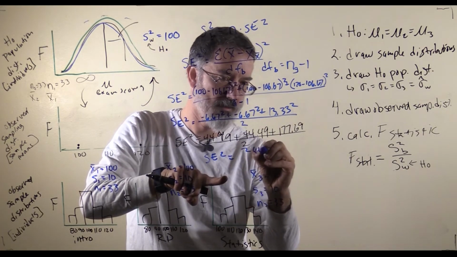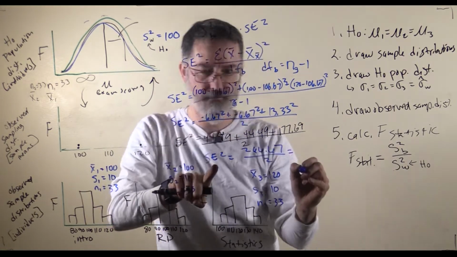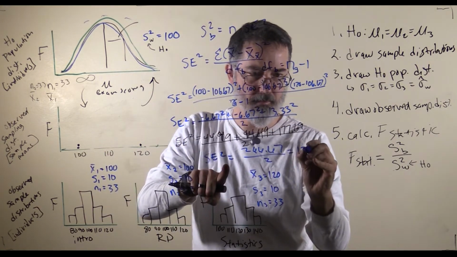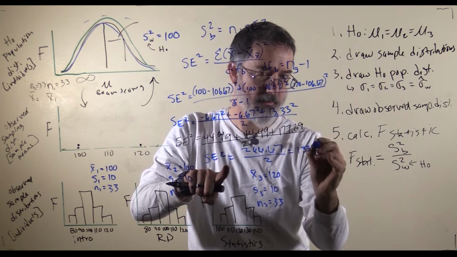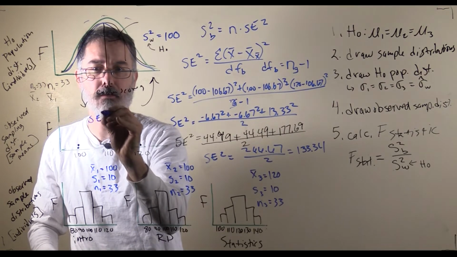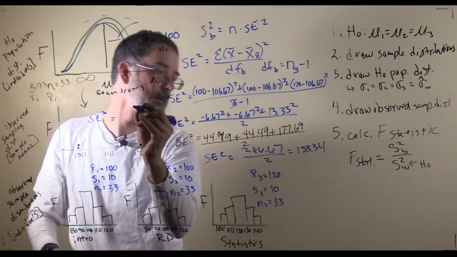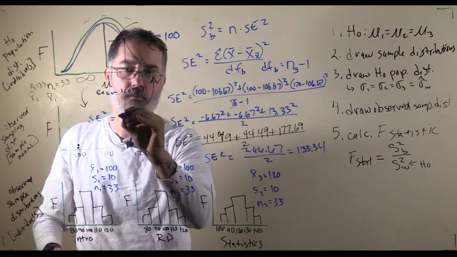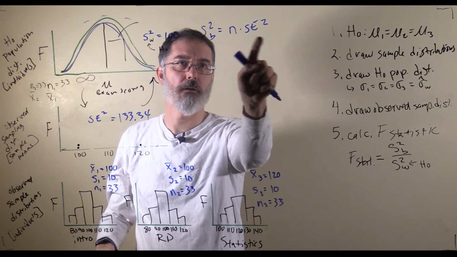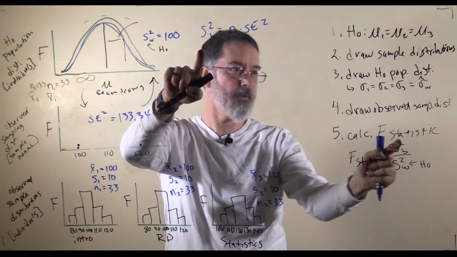We get 266.67 divided by 2. So our variance for these 3 scores is 133.34. Just right here. So our variance amongst the sample means is 133.34.